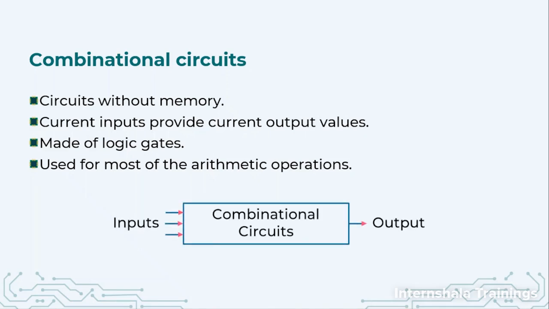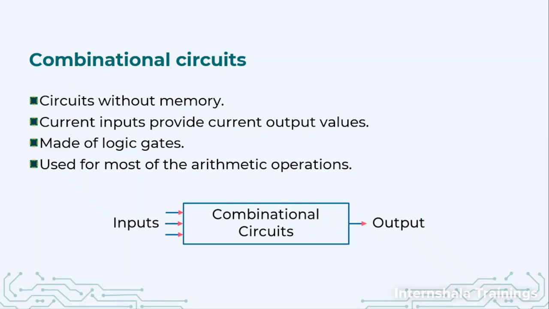Let us have a look at the block diagram. I can have n number of inputs. Then I am going to connect them logically using these logic gates, and that is going to make my combinational circuit, and I am going to generate one or multiple outputs. Now you can see that the output value is dependent only on the current inputs.